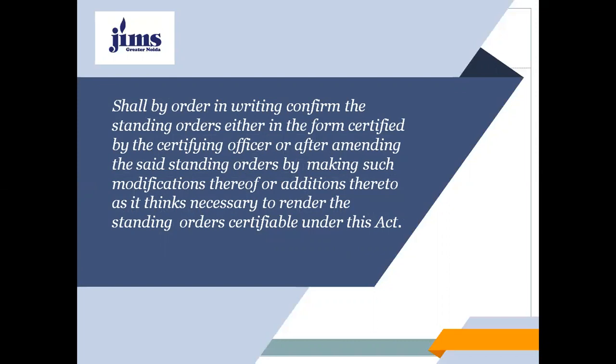This order would be in writing, and it either confirms the standing orders in the form certified by the certifying officer, or if they feel there have to be some amendments, it makes such modifications or additions as the appellate authority thinks necessary to render the standing orders certifiable under this Act.